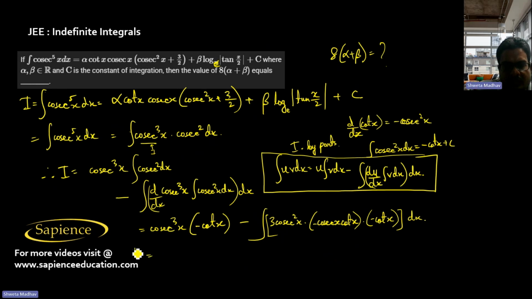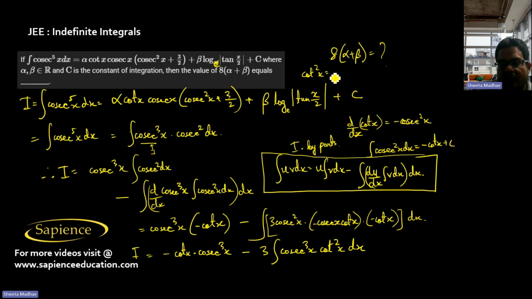So now the integral I is equal to minus cot x into cosec cube x minus 3 into integral cosec cube x into cot square x dx. Now cot square x we can write as cosec square x minus 1, since cosec square x is equal to 1 plus cot square x.